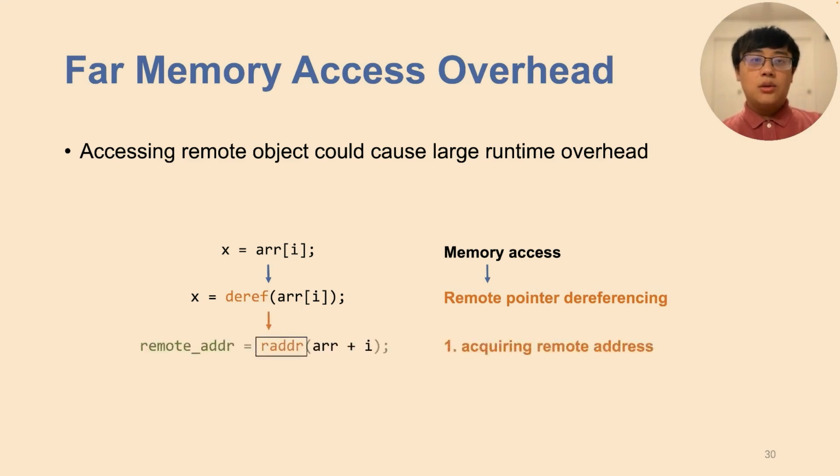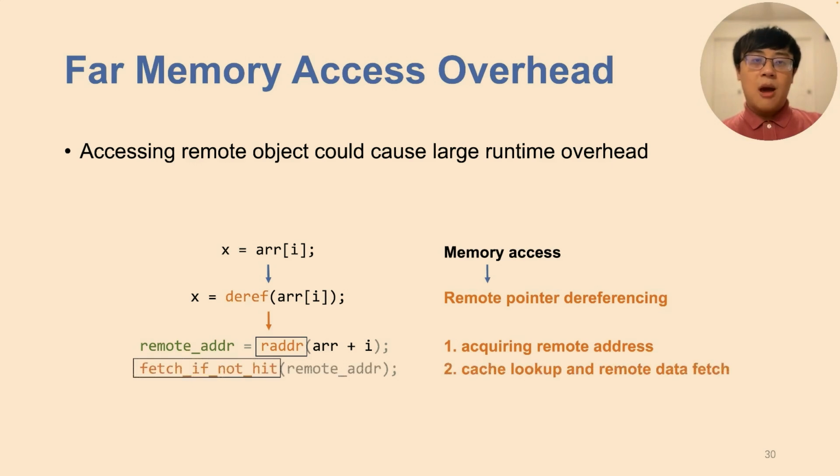First, you need to acquire the remote address correctly. And second, you need to look up if the data is already in the local cache. And if not, you need to fetch the data back from the remote. And finally, you need to acquire the local address for the cached data. After all this, you could access your data.